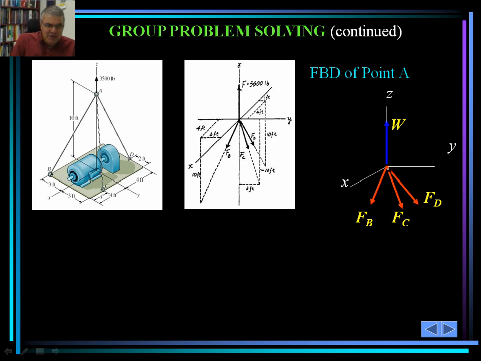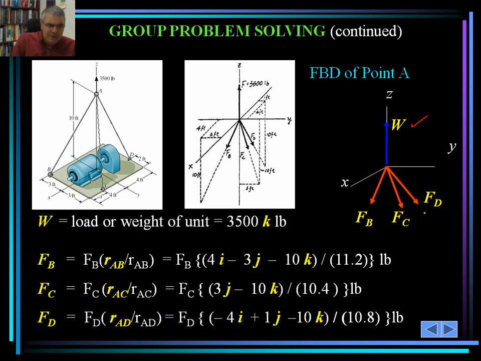So F is 3,500 pounds, shown here upward. And the other components, F sub B is shown, F sub C is shown, and F sub D is also shown. So we replace F by W here. We show that as W, weight or load of the unit.